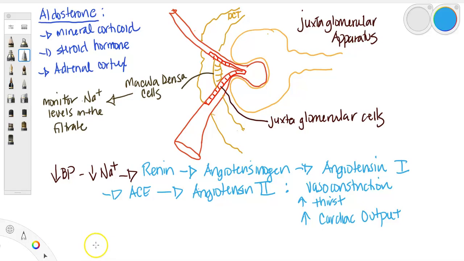The other thing that it does is it stimulates the adrenal cortex to increase aldosterone. And aldosterone, of course, causes sodium to be reabsorbed.